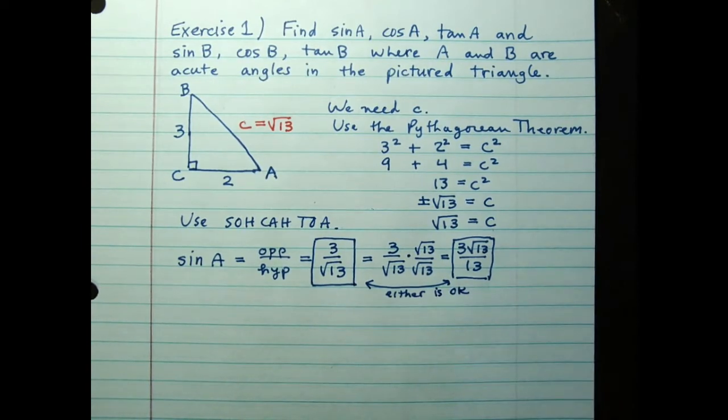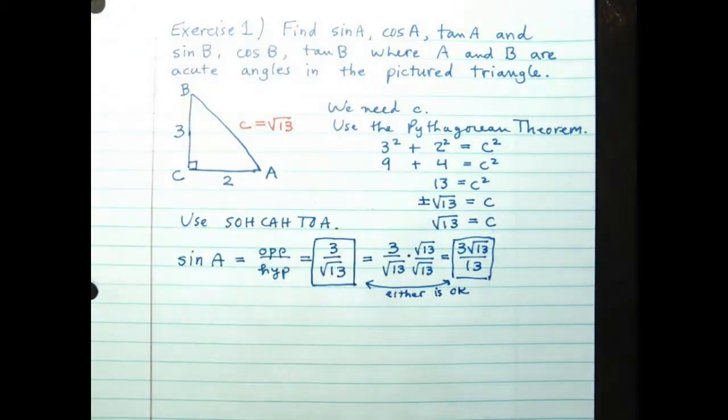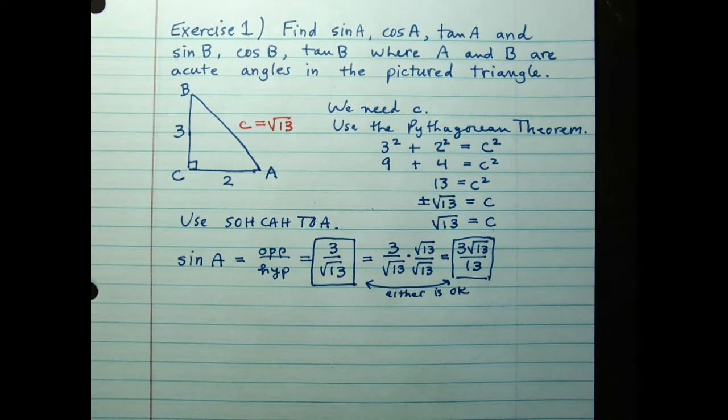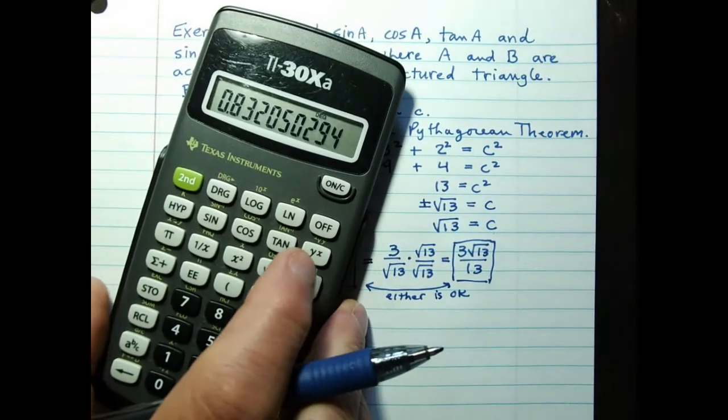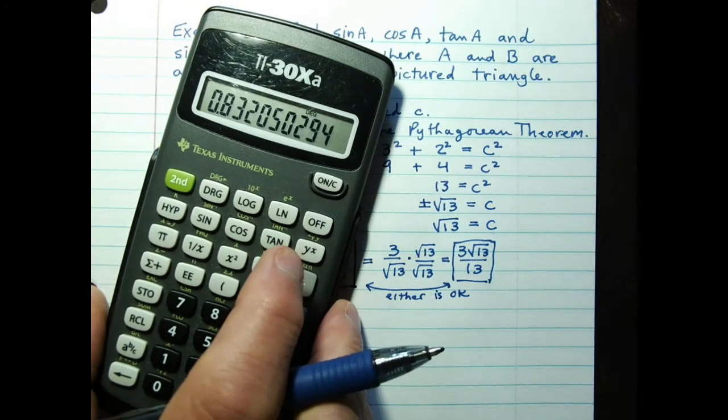And also, I'm going to pick up my just cheap calculator here. And I won't always require this, but I just want you to realize that these values have a decimal form. And I get 0.832050 and so on.